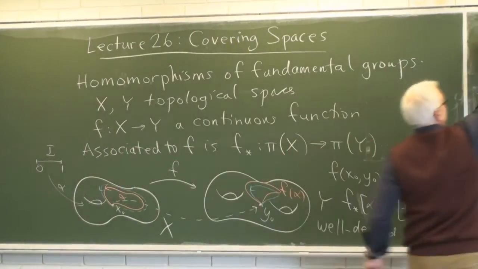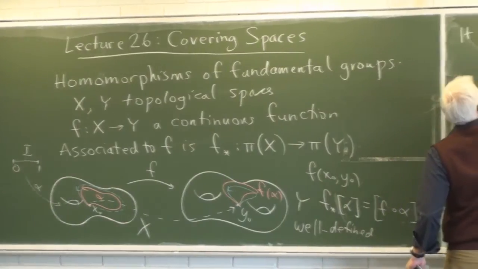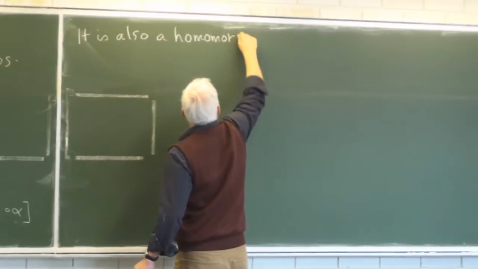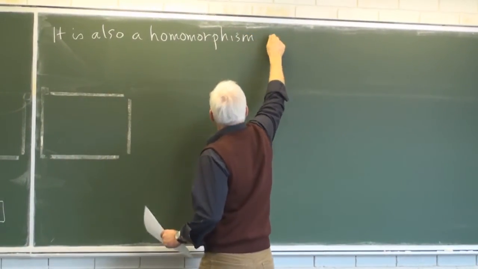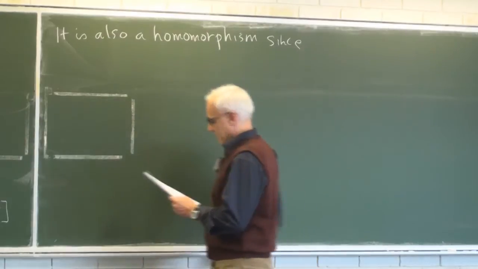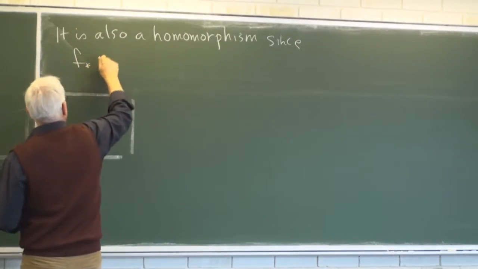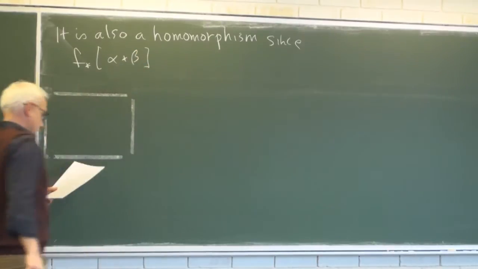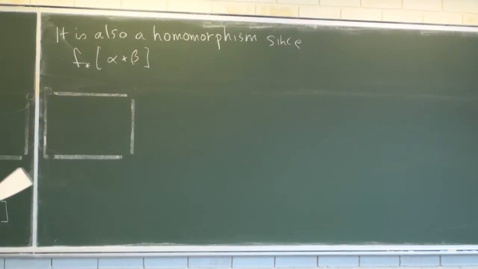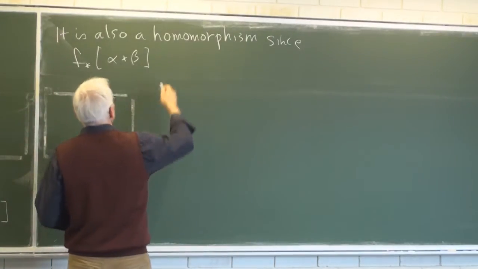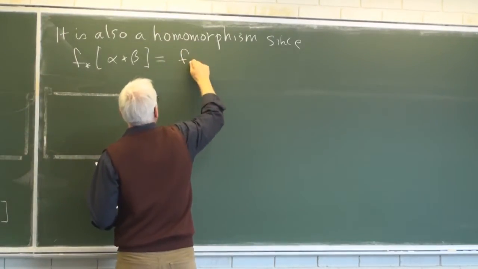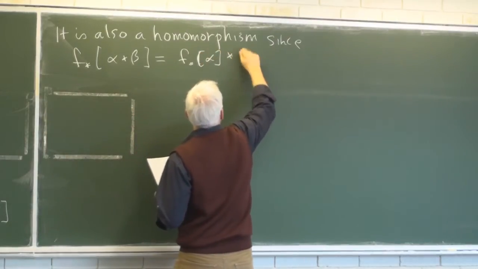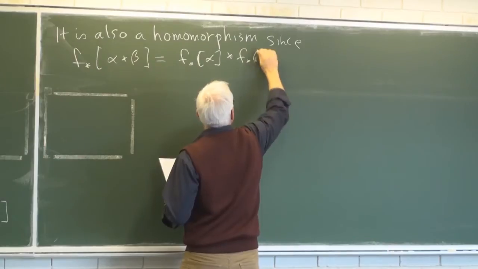It's also a homomorphism. Since if we look at what it does to the multiplication of two paths, f star of alpha beta, well, then that's what you get: f star of alpha times f star of beta.